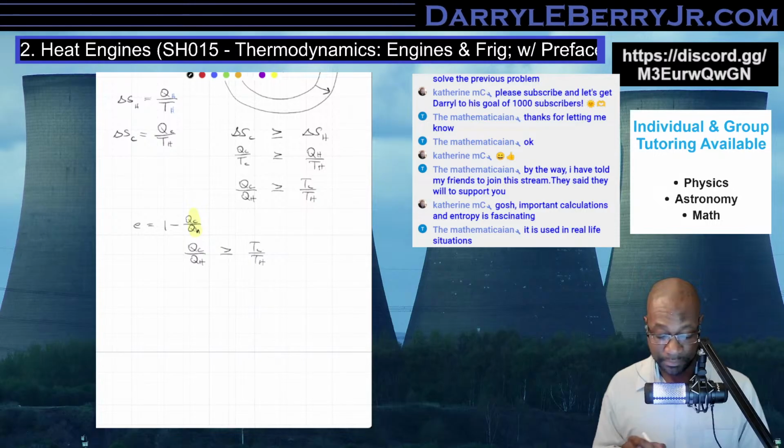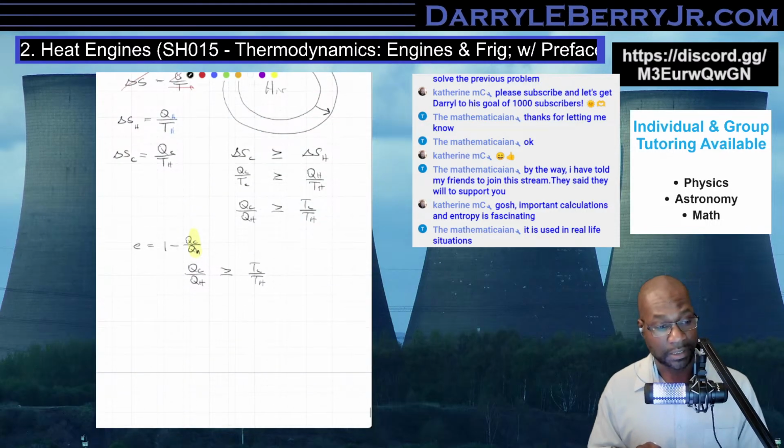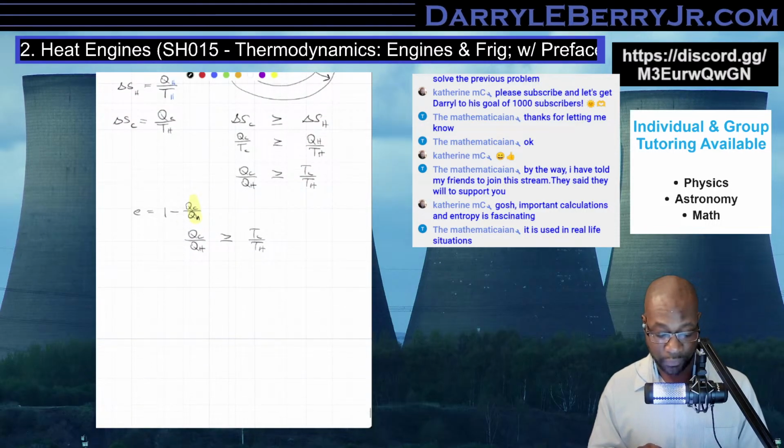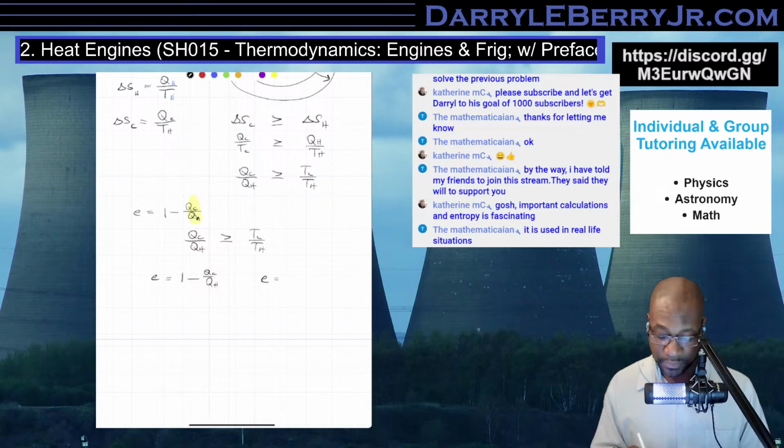And if we were to write E in both of these forms, what that will mean is I take E equals 1 minus QC over QH, and I have E equals 1 minus TC over TH.